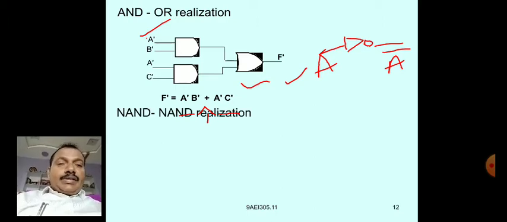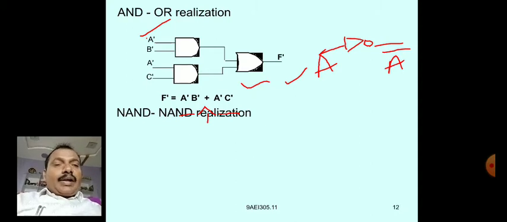And not only that, for example, implement using NAND gates only. How to do that? First, you have to write the expression.